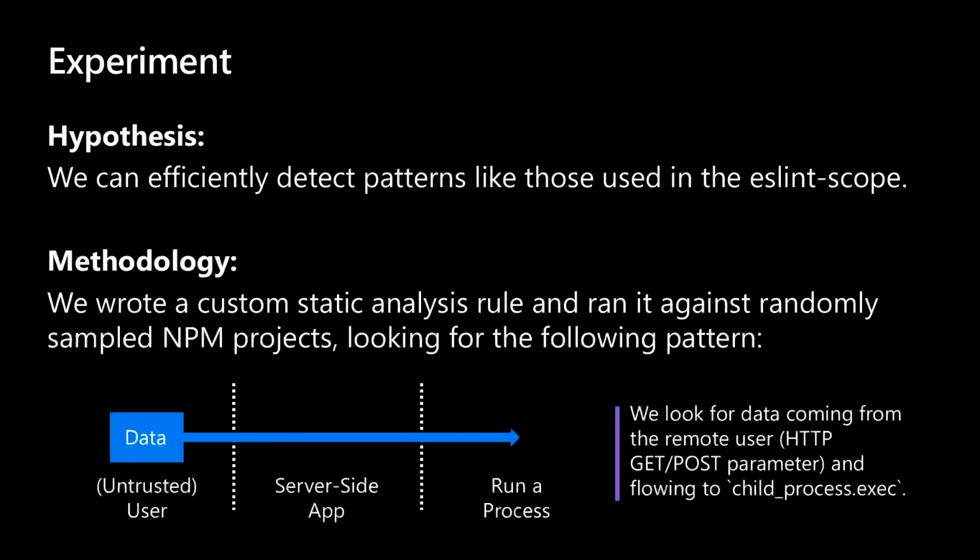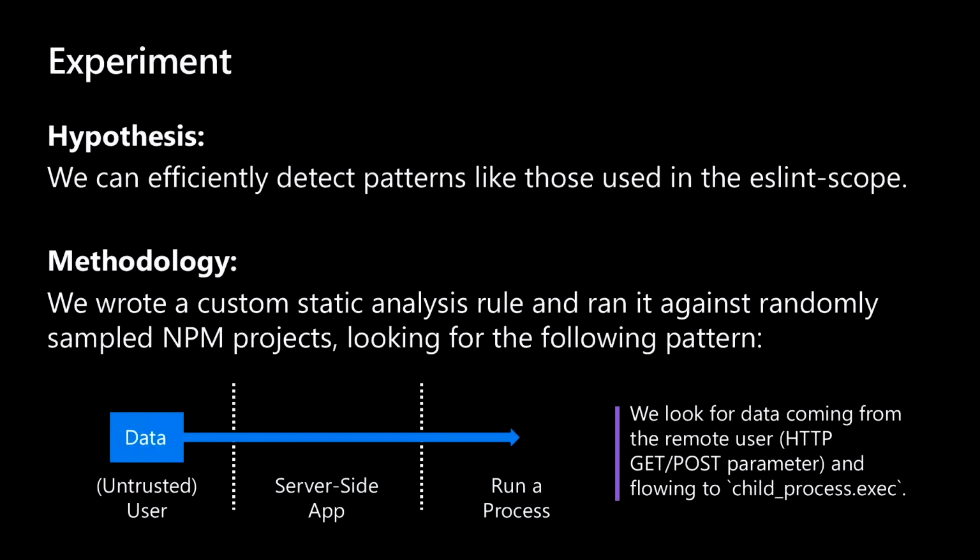So we did an experiment. We built a static analysis rule that could detect parts of the ESLint scope backdoor. And we ran it across a sample of NPM projects just to see what we would see.